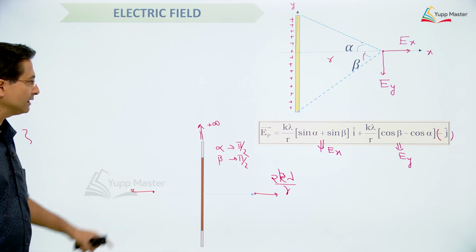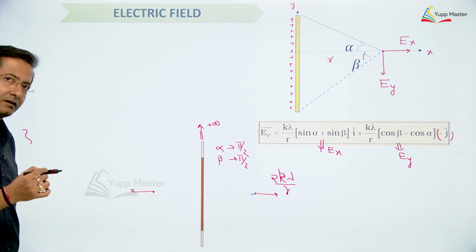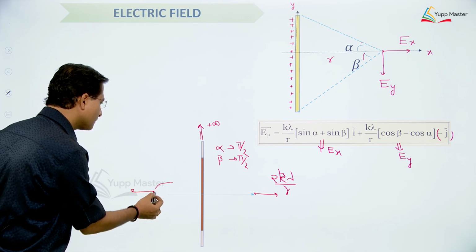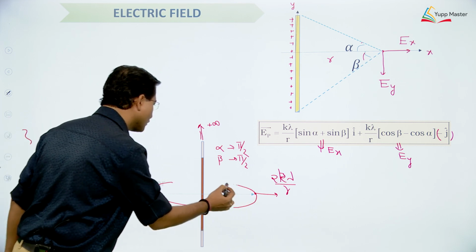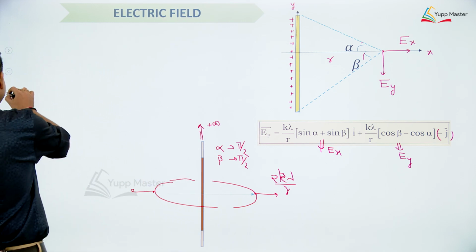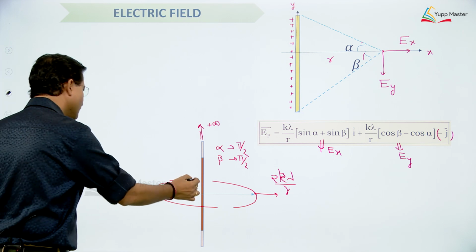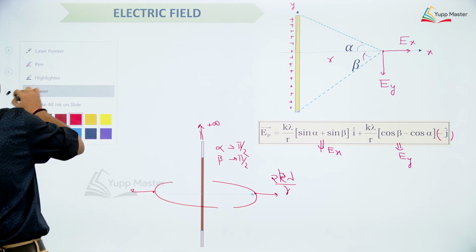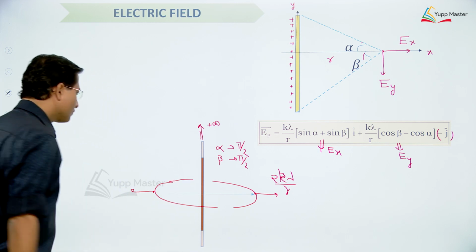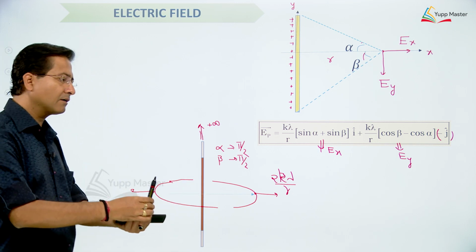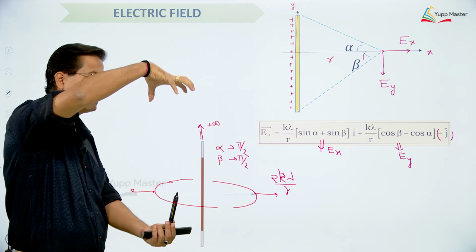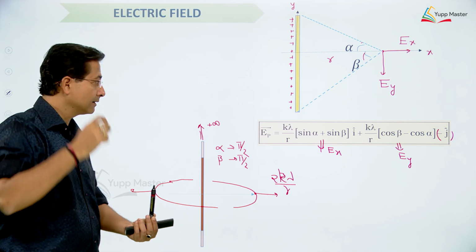So if I redraw, or if I take a circle around it whose center is at the wire, visualize the situation like we have got an infinite wire and around it I have taken a circle whose center is on the wire, right.